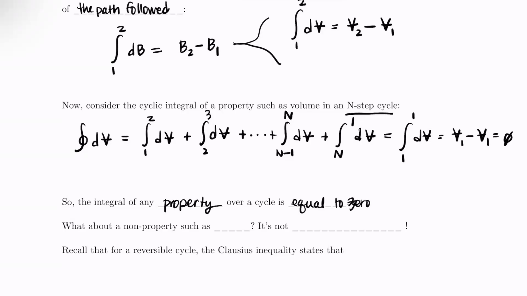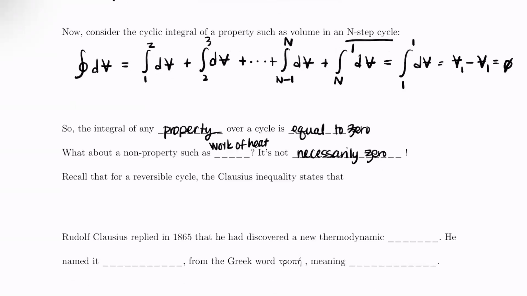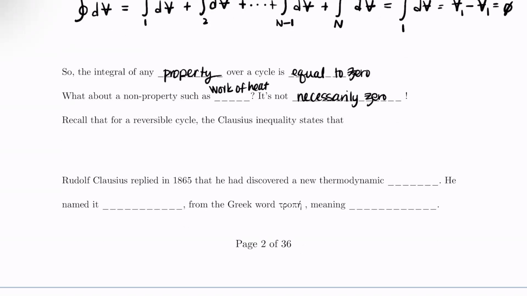Okay, but what about a non-property such as work or heat? It is not necessarily 0. So if you remember, if we have a reversible cycle, the Clausius inequality states that this path integral of delta Q over T for a reversible cycle is equal to 0.